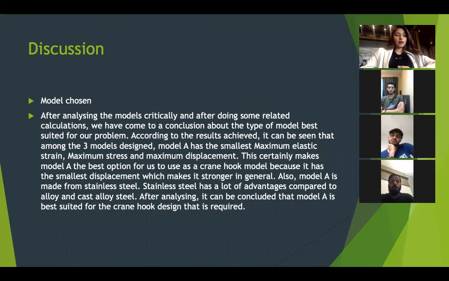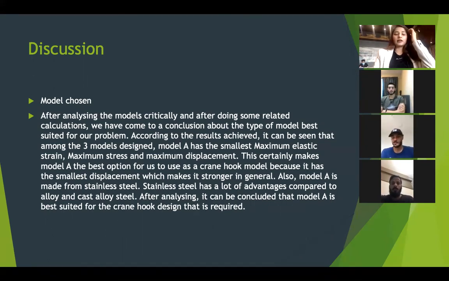After analyzing the models critically, and after doing the calculations, the conclusion is that the type of model best suited for our problem would be model A. Model A has the smallest maximum elastic strain, smallest maximum stress, and smallest maximum displacement. So of course, model A is the best option for us to use as a crane hook model.